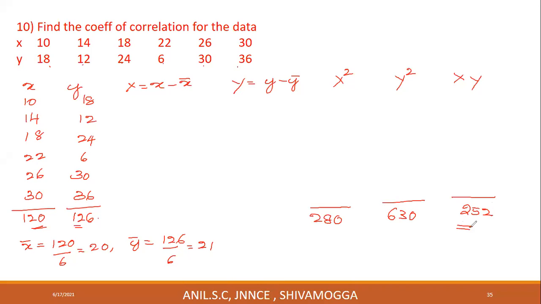That's right. You note down all the values. Summation x square is 280, summation y square is 630, and summation xy is 252.